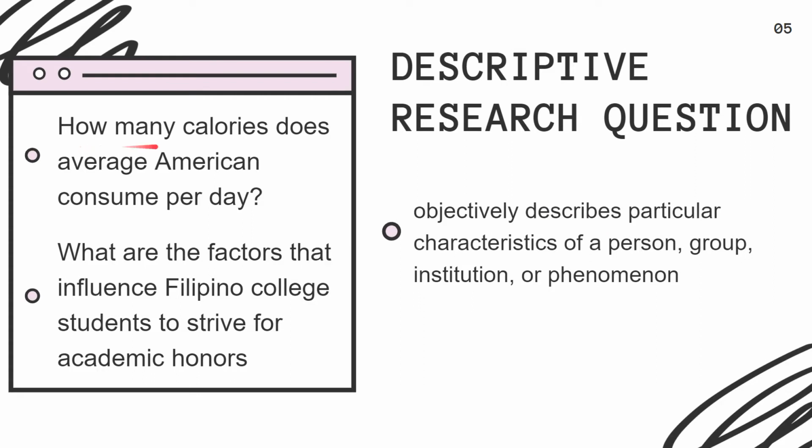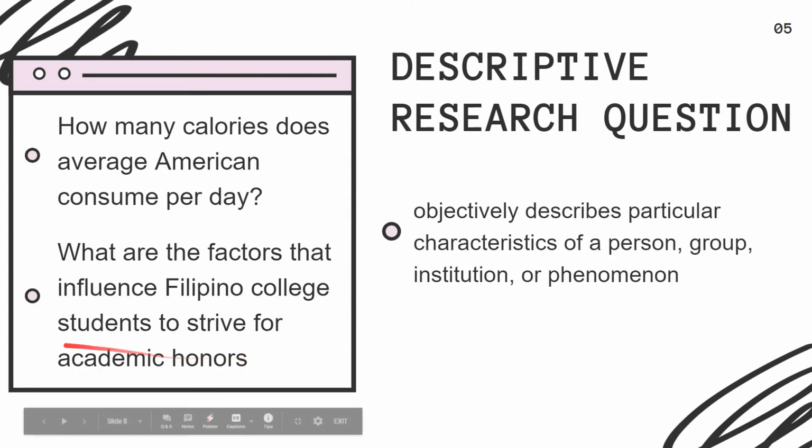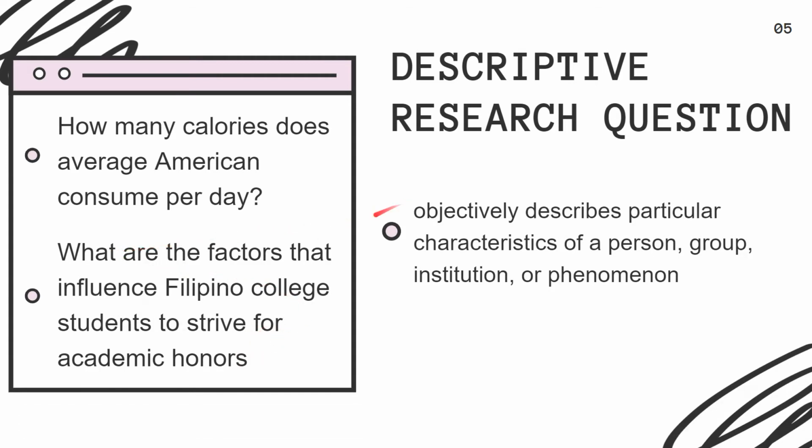So we have here, how many calories does the average American consume per day? That is a descriptive research question because we aim to describe the consumption of calories per day of an American. Next we have, what are the factors that influence Filipino college students to strive for academic honors? Sorry, it's missing a question mark there, but that is also a descriptive research question because we are aiming to describe the factors here.